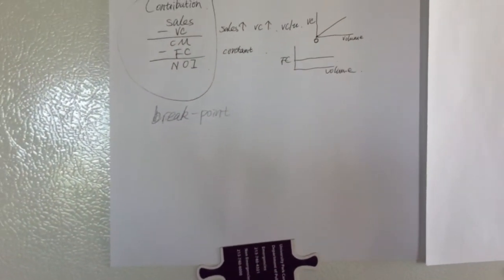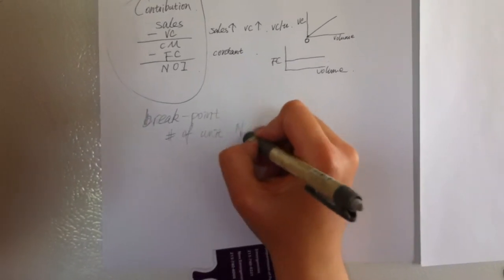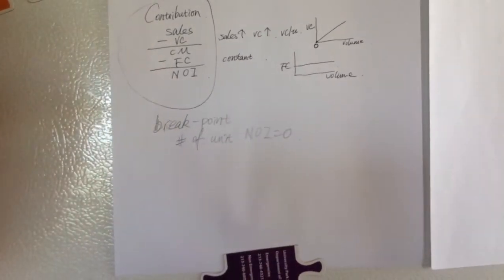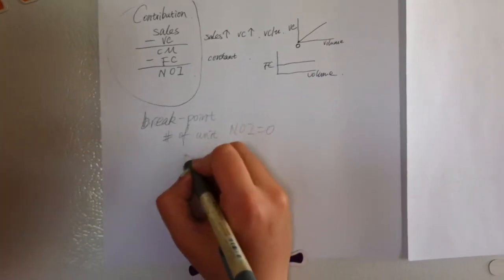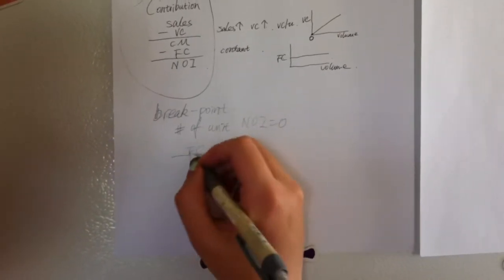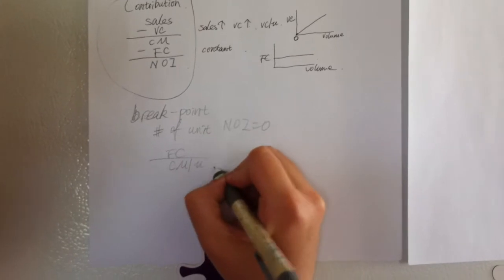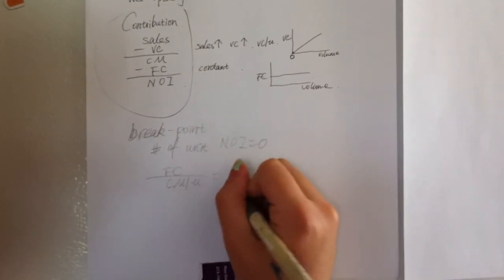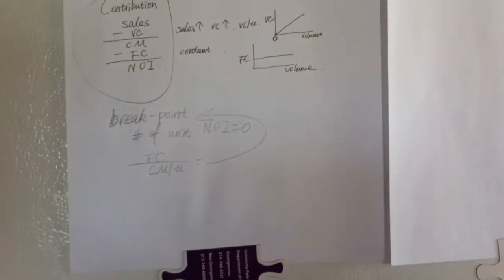This is the number of units when the net operating income equals 0. So we have a formula for this, which is fixed cost divided by contribution margin per unit. It gives you break-even point in units.